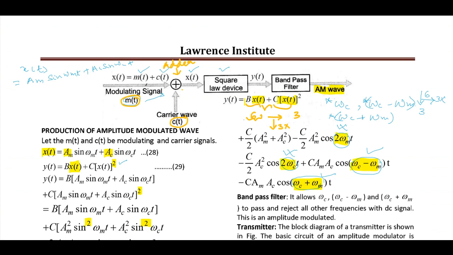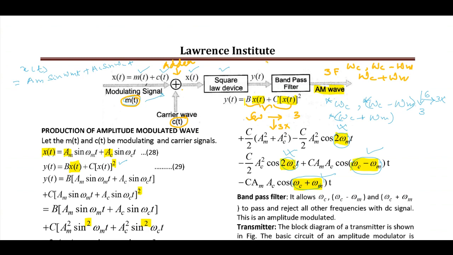For this task of selecting 3 frequencies, here I have got only 3 frequencies: omega C, omega C minus omega M, and the third frequency omega C plus omega M.